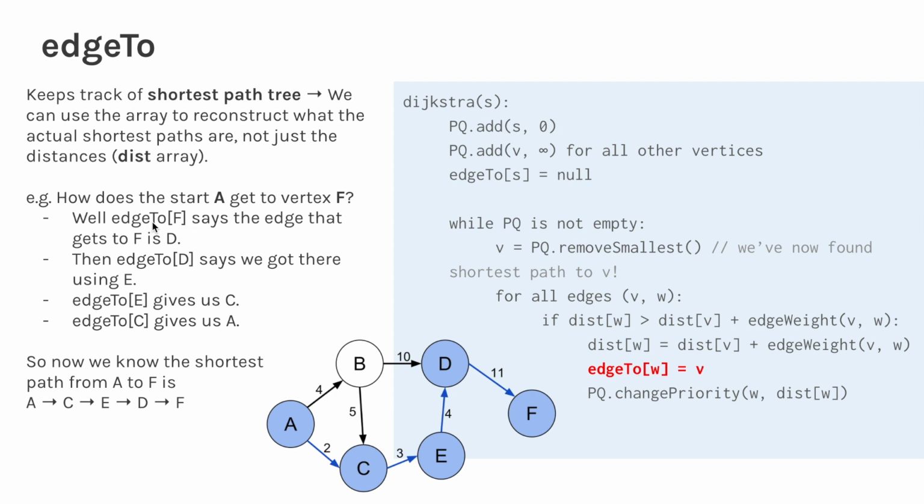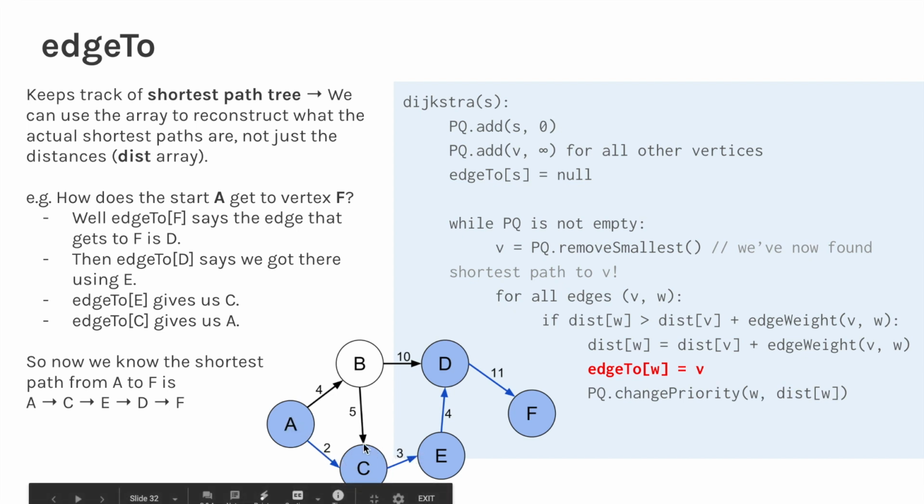So, for example, say you want to answer the question, how does the start vertex A get to vertex F for this graph? Well, you just access edge 2 of F, which says, okay, we got to F from D. So edge 2F is going to give us D. And then we can get edge 2D, and that's going to give us E. Edge 2E is going to give us C. Edge 2C is going to give us A. And now we're at the start node, and we've retraced our steps.